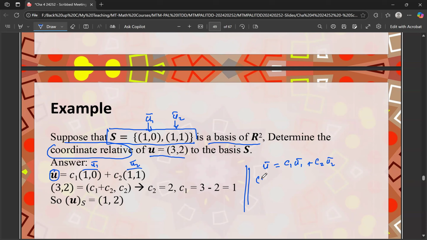So this is c1 times 1, 0 plus c2 times 1, 1.